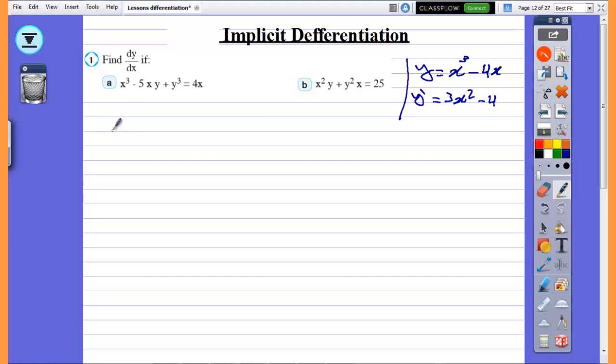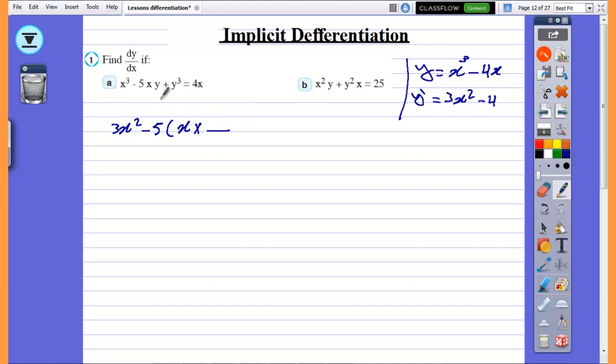By differentiating both sides with respect to x, we get the derivative of x power 3 is 3x square, minus 5. Here we have the product of two functions, x multiply y, and the derivative of x multiply y is the first multiply the derivative of the second.